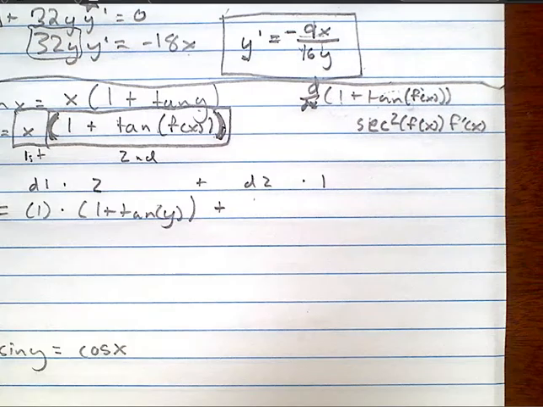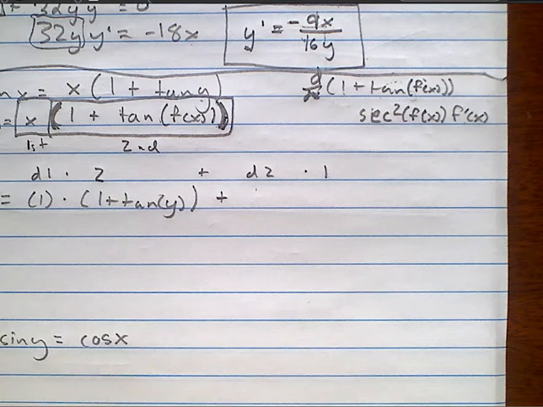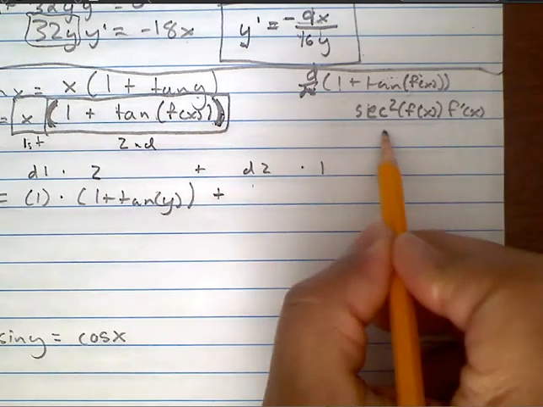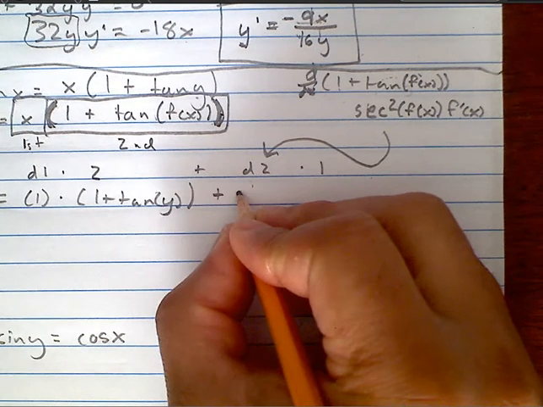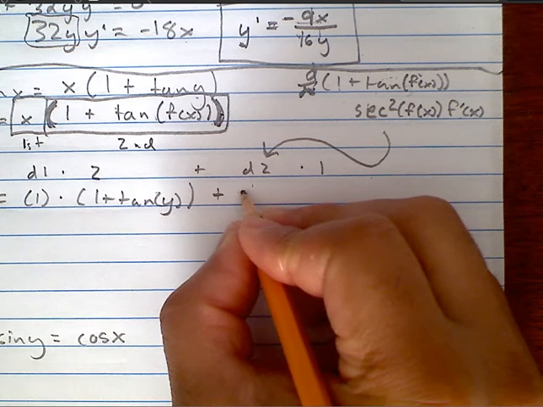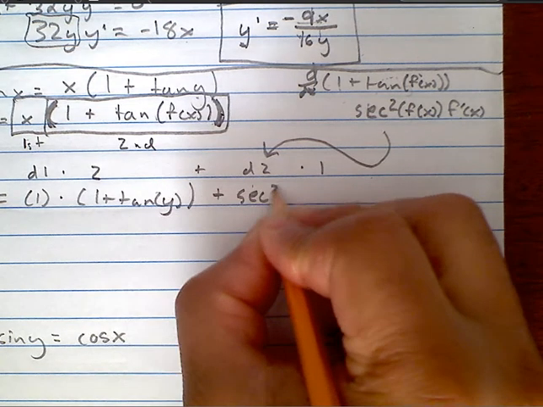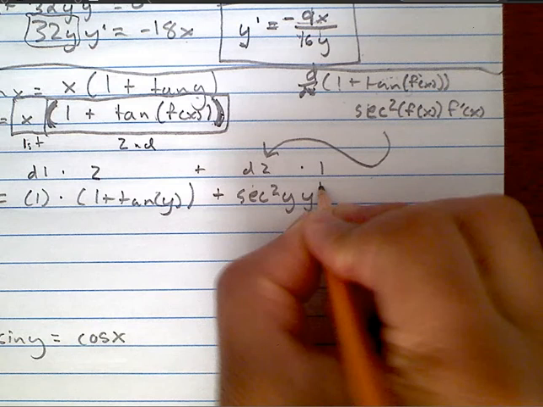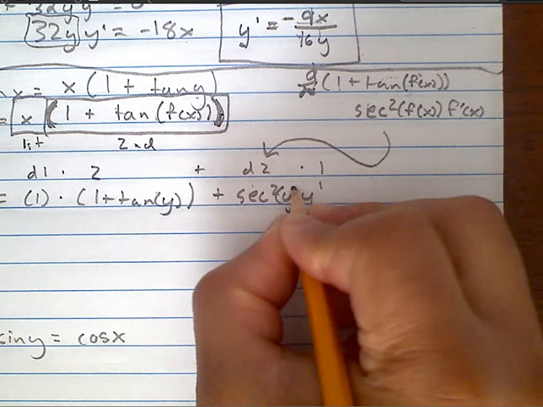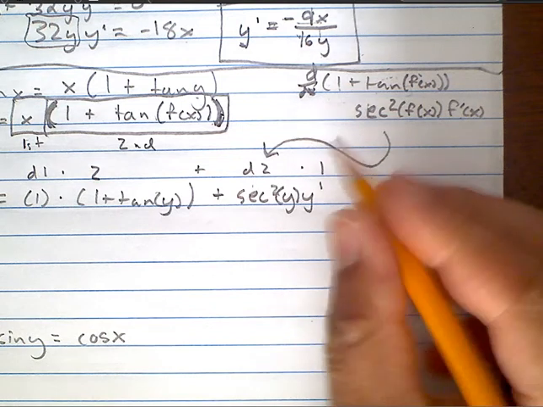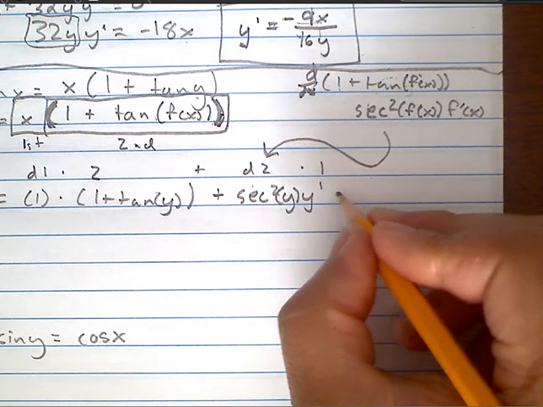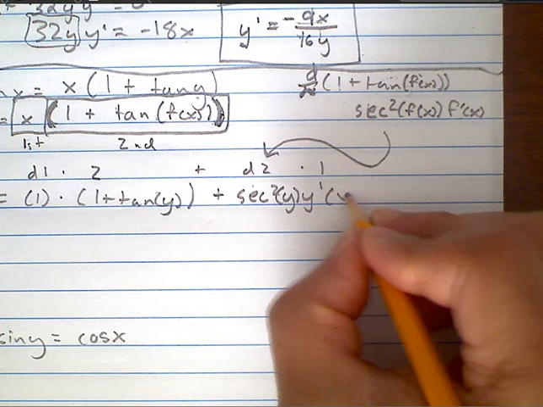Now if I do it like this, I'm done. When I put it in there, I'm going to write it nicely. But no, the y is inside the secant, not the y prime. Now the first is x. We knew that. Alright, so there's your derivative.